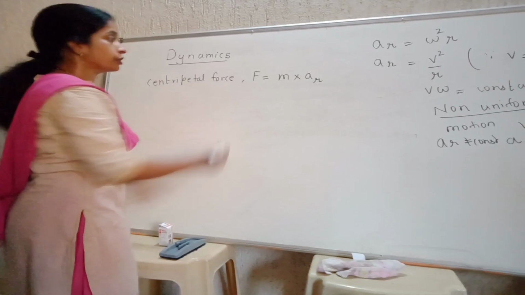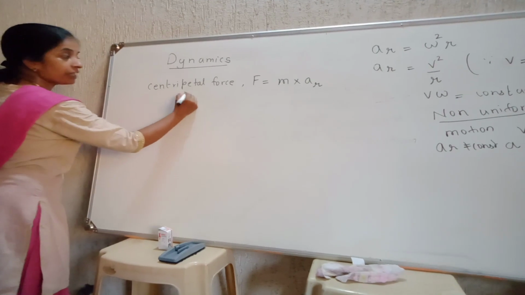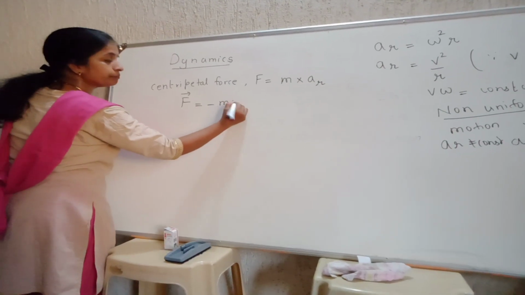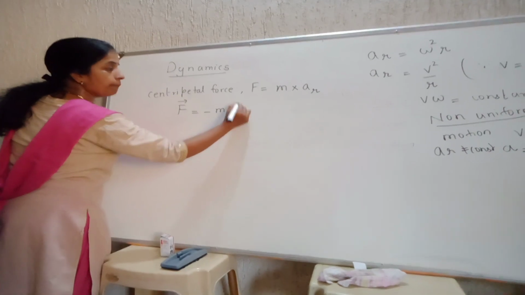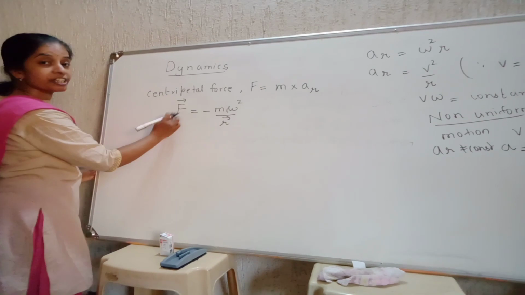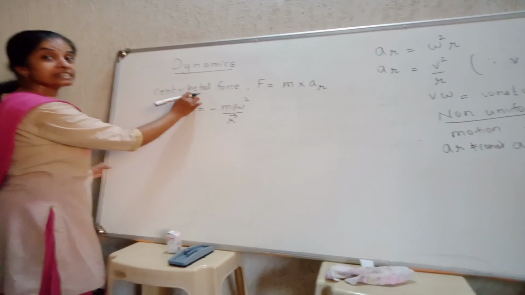Are you okay? So, what is the formula for centripetal force? In vector form, students, you have to consider the negative sign: minus m omega square vector r. They are in opposite directions. Hence centripetal force, center seeking, towards the center.